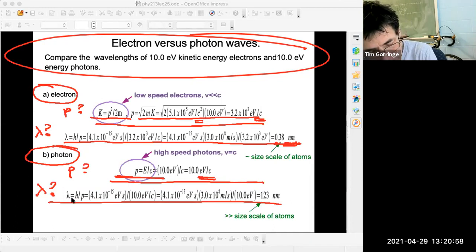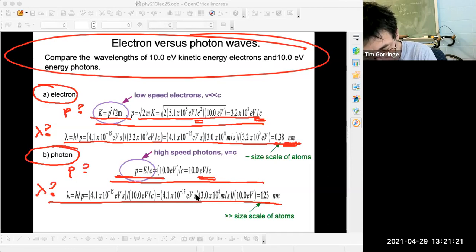Now again, we can go to the de Broglie relationship between momentum and wavelength, plug in Planck's constant, and plug in the momentum, again 10 electron volts over c. We're keeping that c. Then we plug in the value of c, 3 times 10 to the 8 meters per second.